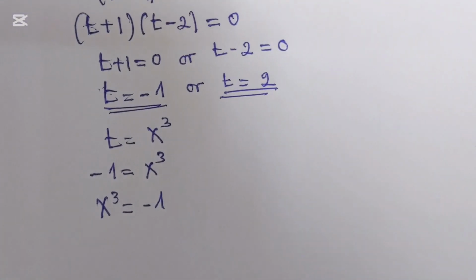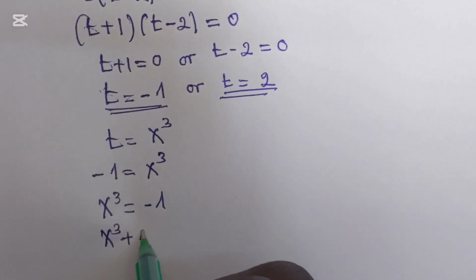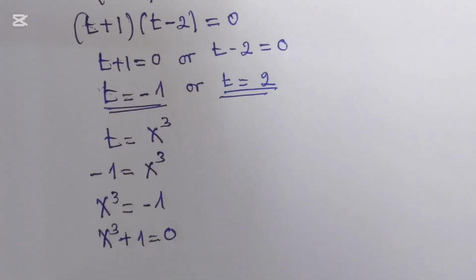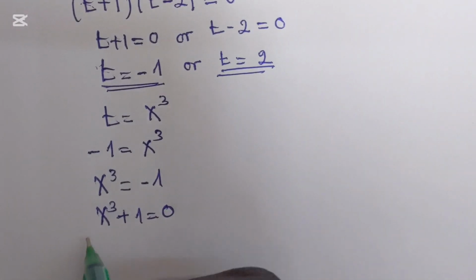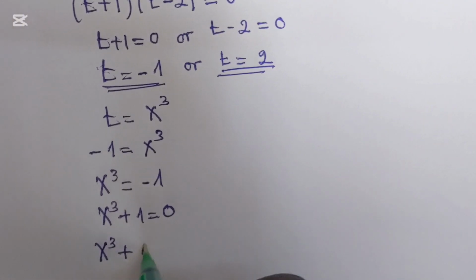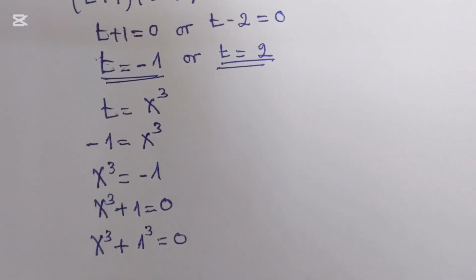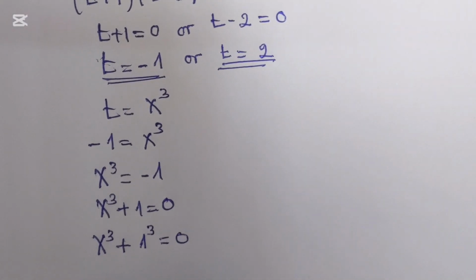So that x to the power of 3 plus 1 will be equal to 0. So x power 3 plus 1 power 3, which is equal to 0. 1 power 3 is equal to 1.